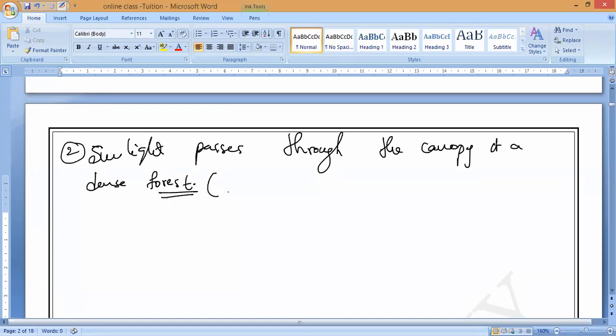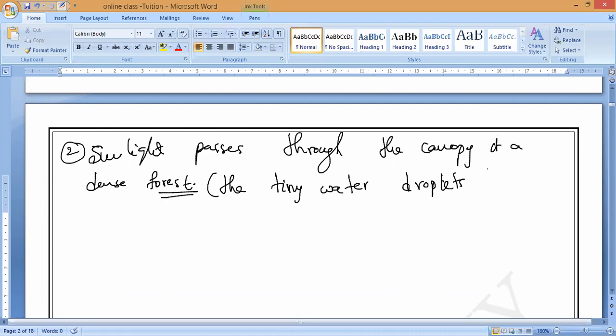So here, who will act like suspended particles? The water droplets. Understand? The tiny water droplets. So in dense forest regions, who will be there? Mist is covered in the atmosphere. Mist is a type of snow kind of thing.